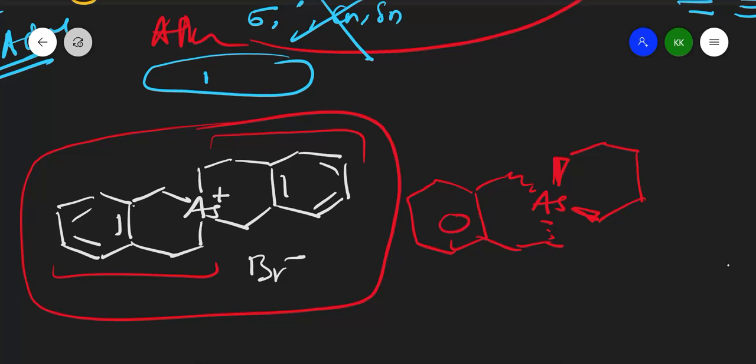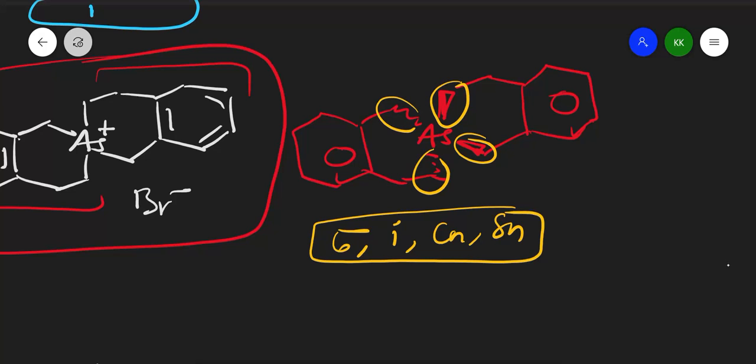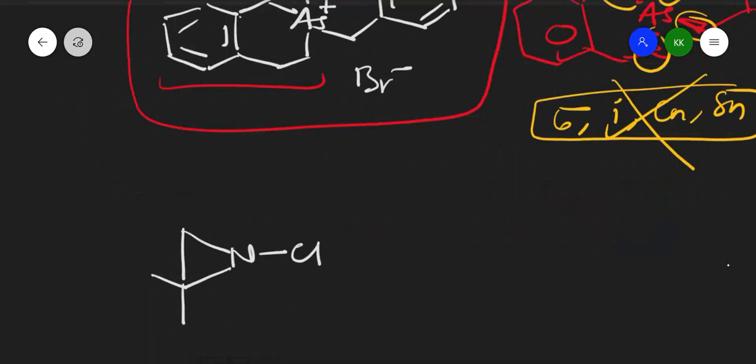So here it will be like this, right? One is above, see as it is, one is above here, these two, and one is below the plane. So here no symmetry elements like plane of symmetry, center of symmetry, axis of symmetry, mirror plane symmetry. So these symmetry elements will be absent, because of which these compounds will be optically active. These compounds will be optically active, right?